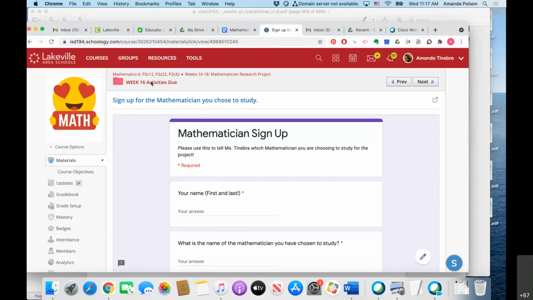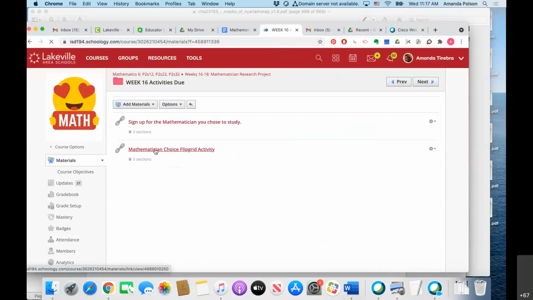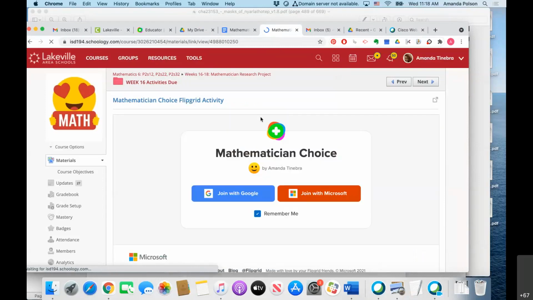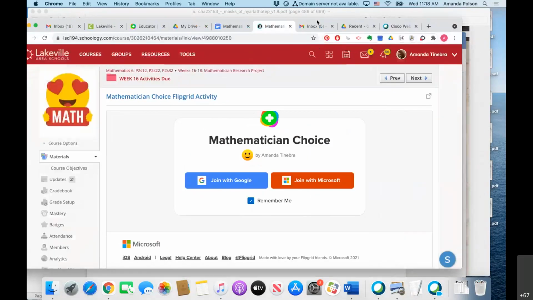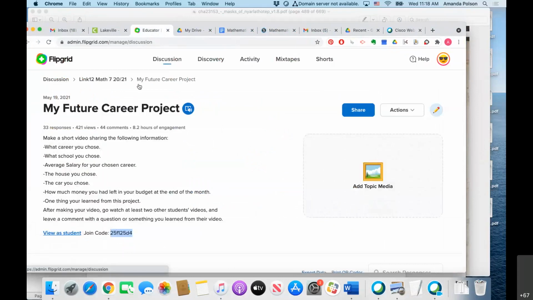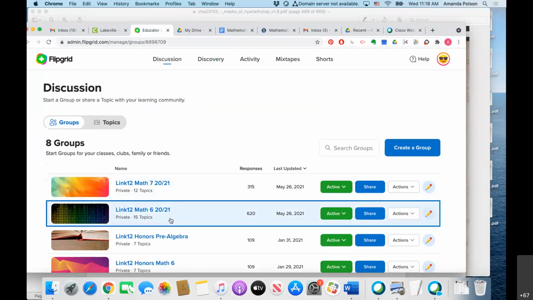All right. After you do the sign up, the other thing due this week is the Mathematician Choice Flipgrid. So for the Flipgrid, all you're doing is going in and sharing.